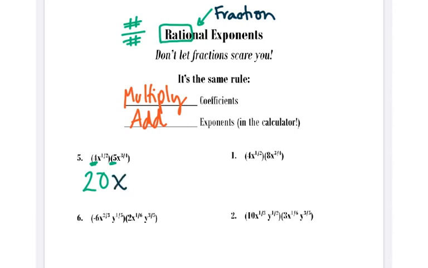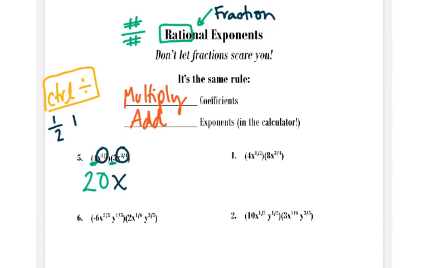So what we have here is this x to the 1/2 and x to the 3/4. Just like before, we're going to add those exponents. But if you struggle with adding fractions, you can just turn your calculator on and press Control Divide. So you'll press Control Divide, and then you can type in 1/2.